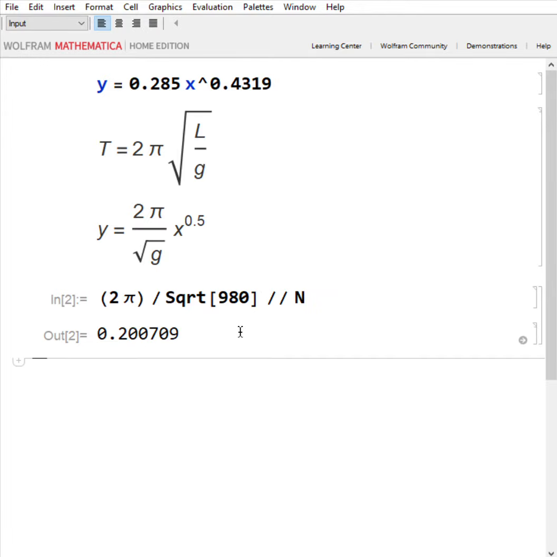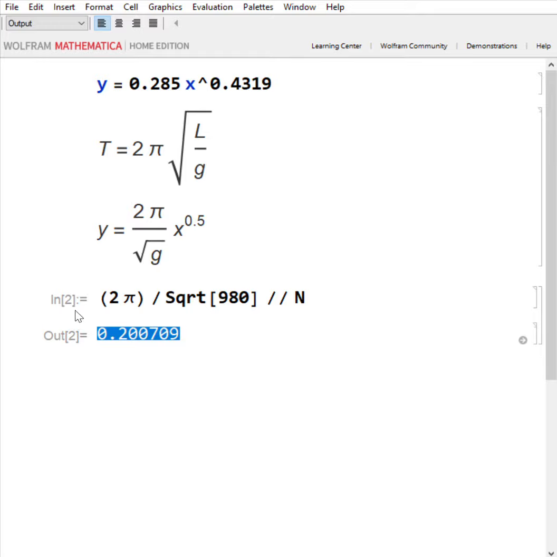And we get that. Okay, so turns out that this fraction here, 2 pi divided by the square root of g, is equal to 0.200709. Compare that to our Excel model, which is 0.285.